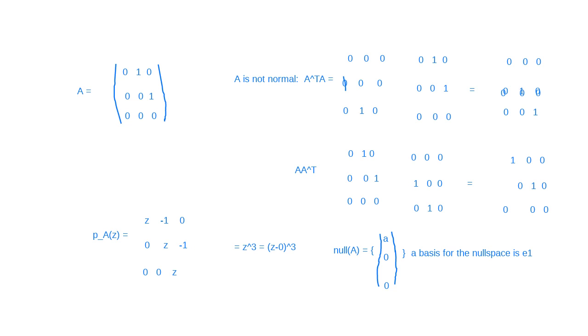P sub A is just the determinant of Z times the identity minus A. The characteristic polynomial tells us all the eigenvalues. This one tells us that there's only one, but this one eigenvalue only provides us one eigenvector.